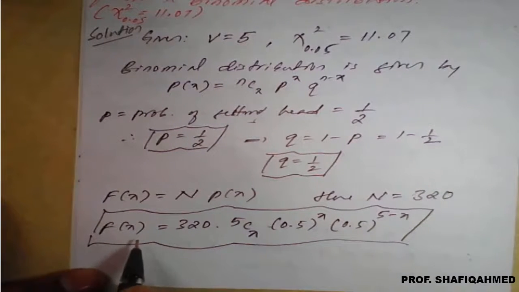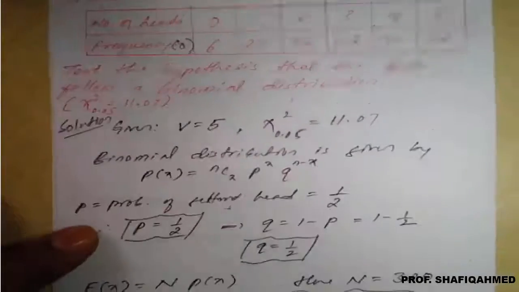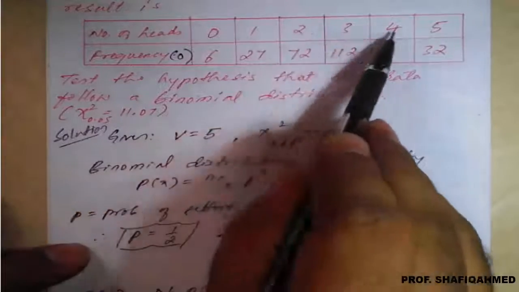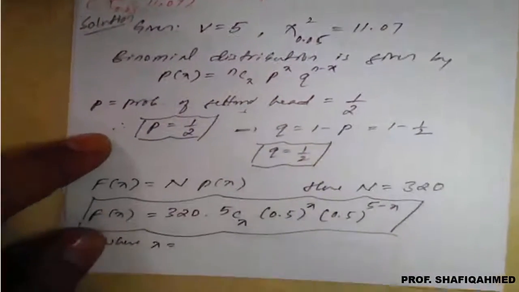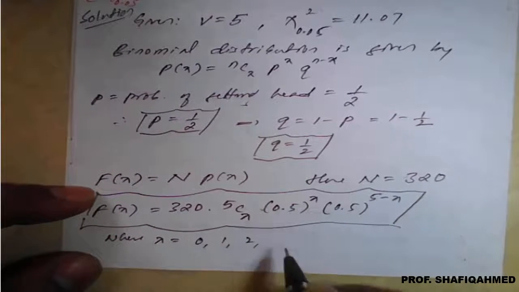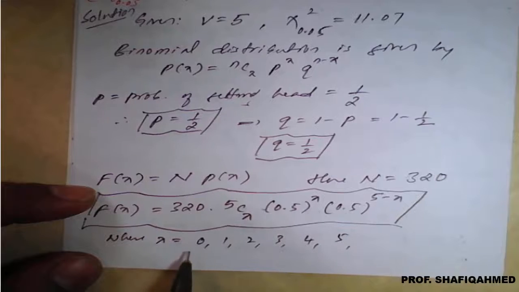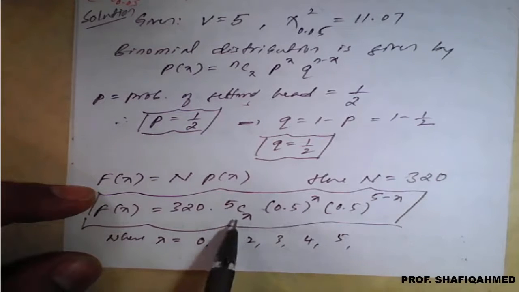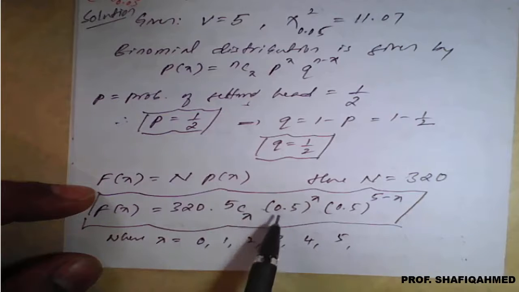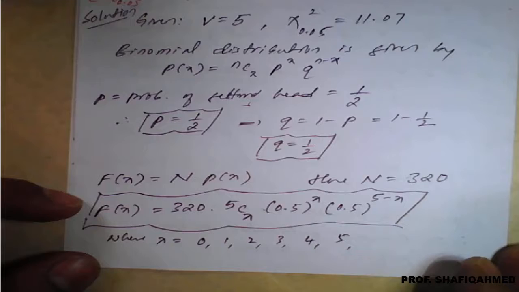From this we'll get theoretical frequency where x will take the same values 0, 1, 2, 3, 4, 5. So we'll calculate when x is 0 what is the theoretical frequency, when x is 1 what is the answer, when x is 2, 3, 4 and 5, then we'll go for the chi-square test.